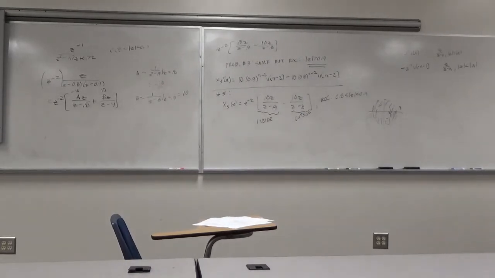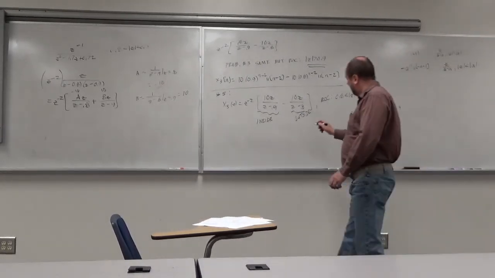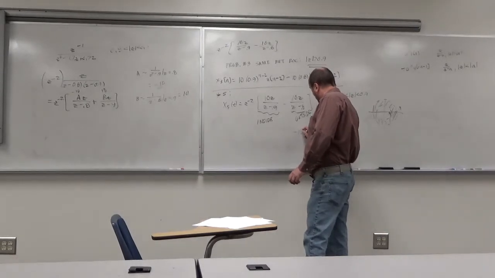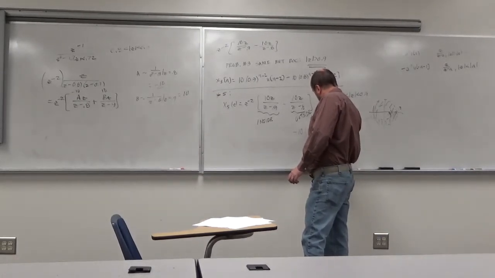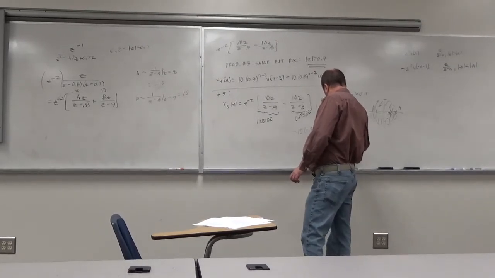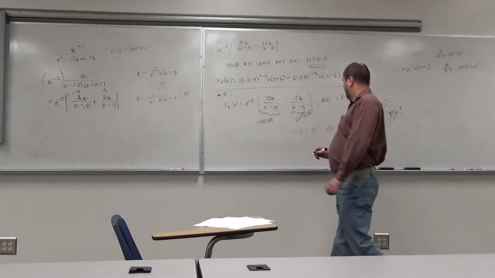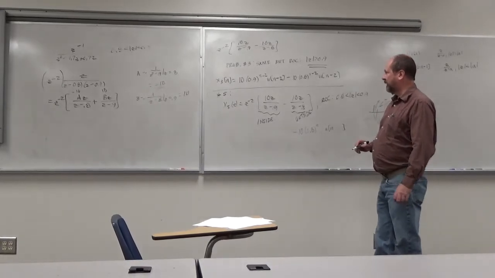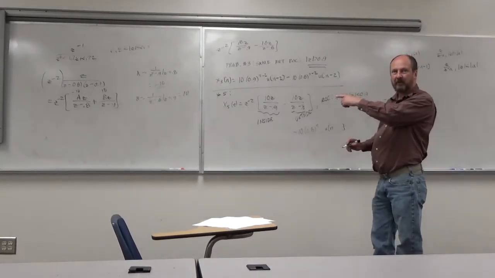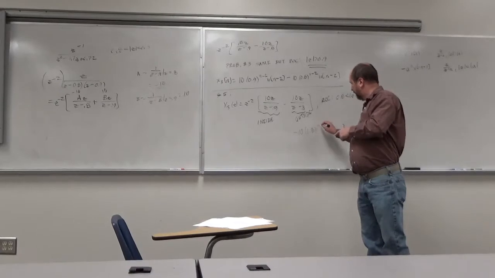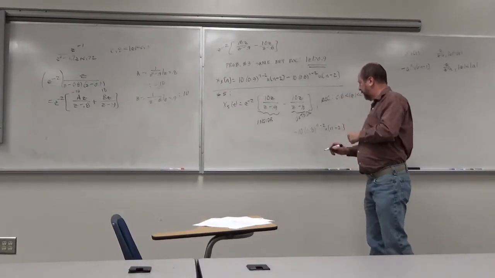And the answer is it's outside. So you get negative 10 times 0.8 to the n, u of n. And so what do we do? Got z to the minus 2 out front, what do we do? n minus 2.